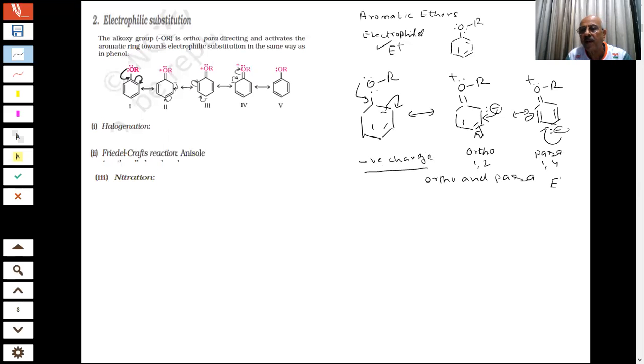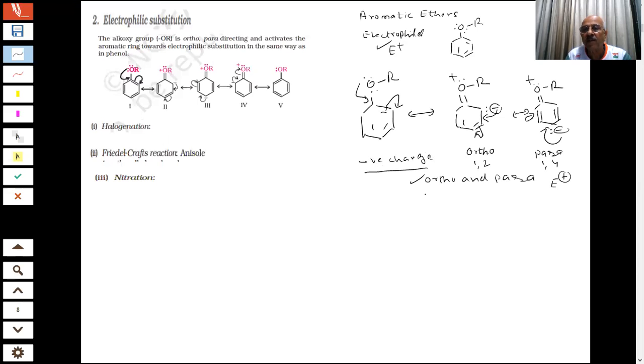Ortho, meta or para? Where is the electrophile going to attach, to form a bond with carbon and replace the hydrogen? It will come at ortho and para positions. And it will not come at meta because there is no negative charge on the meta. So we are going to get ortho and para products.